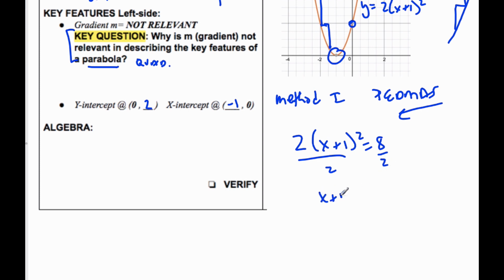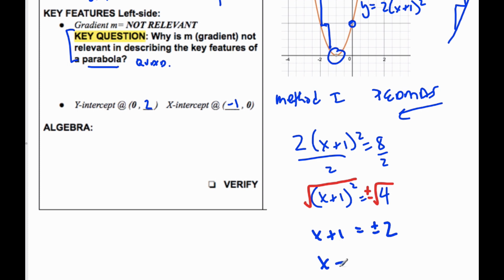So x plus 1 squared is equal to 4. Then I'm going to square root this. But when I take a square root, don't forget plus or minus. So it's x plus 1 is equal to plus or minus square root of 4, which is 2. And so now I have 2 answers.